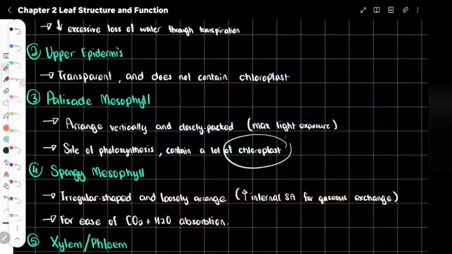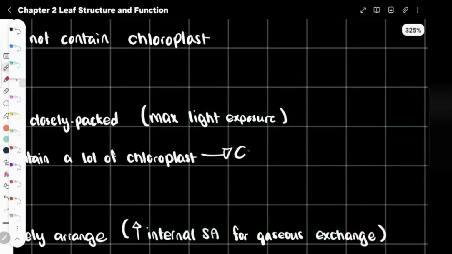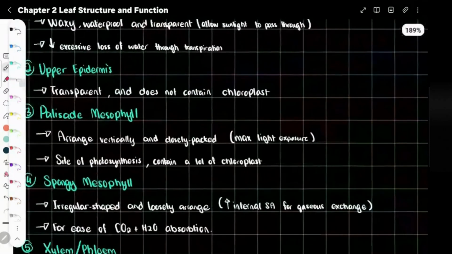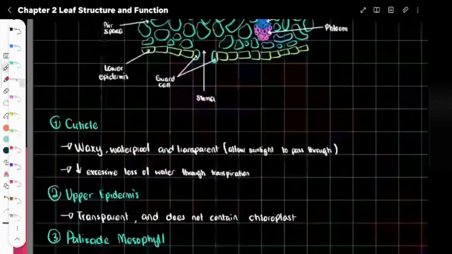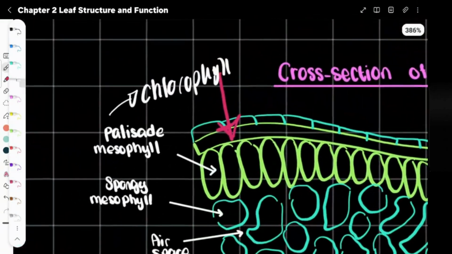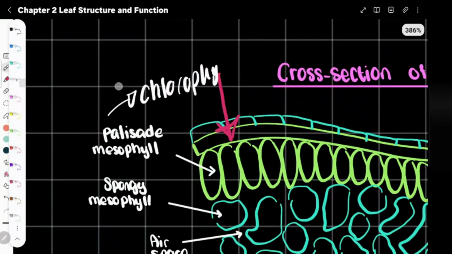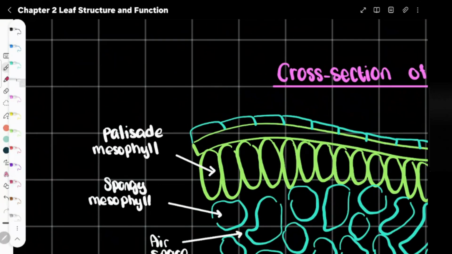Look here, chloroplast and chlorophyll, both. It contains chloroplast because chloroplast also contains chlorophyll. That's why I say chlorophyll. But later on you're going to see why I said chlorophyll. Anyway, palisade mesophyll contains chlorophyll. Why? Because chlorophyll is for what? Sunlight. See, I told you, think of photosynthesis. So this one contains chlorophyll.